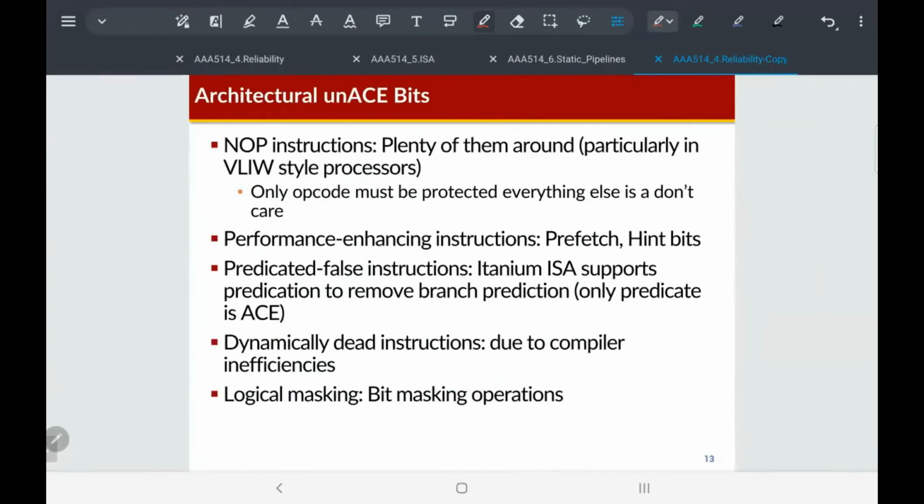Actually, in our computer processors we add many architectural techniques to improve performance, but most of the performance is based on prediction or speculation. Even though these speculations or predictions are influenced by some faults, it's not harmful. So we can also think of these as un-ACE bits.